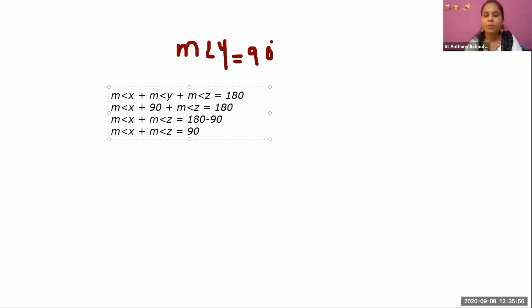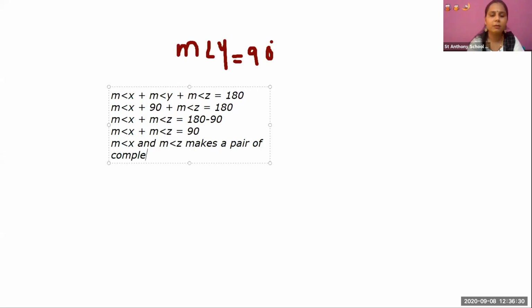So therefore the measure of angle X and the measure of angle Z make which pair of angles? They make a pair of complementary angles.